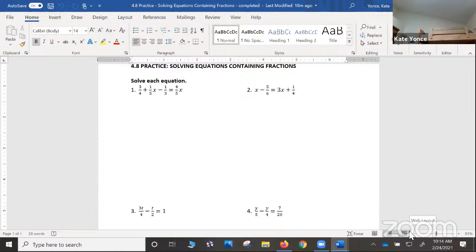8, 12, 16. Well, she said to do the biggest number, and then see if the little ones go into that one.